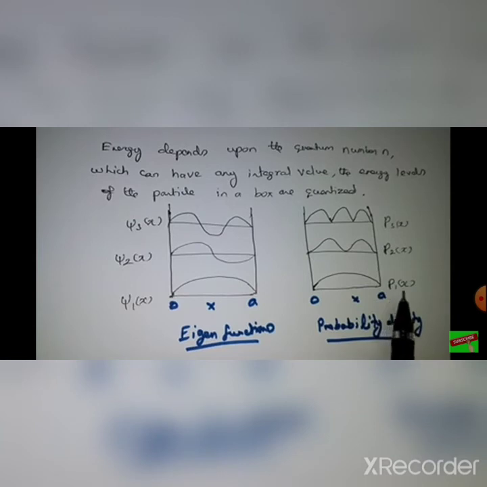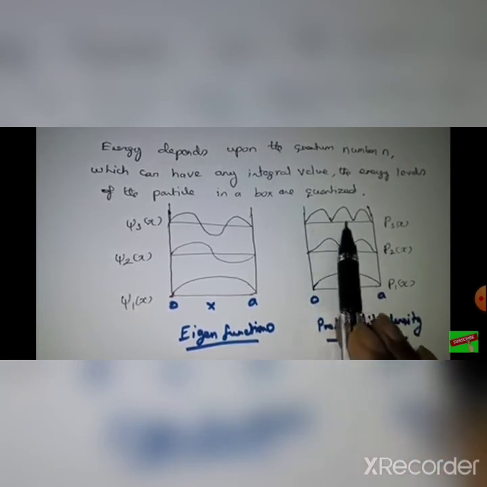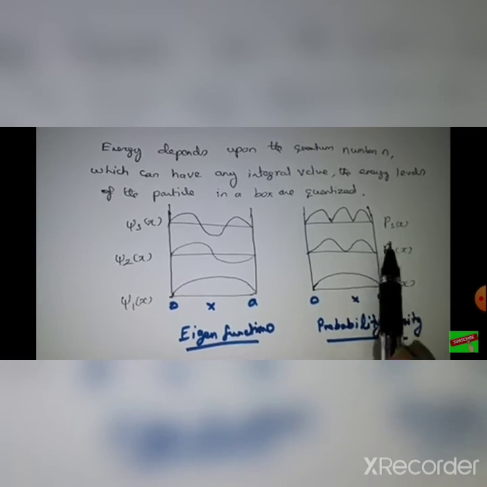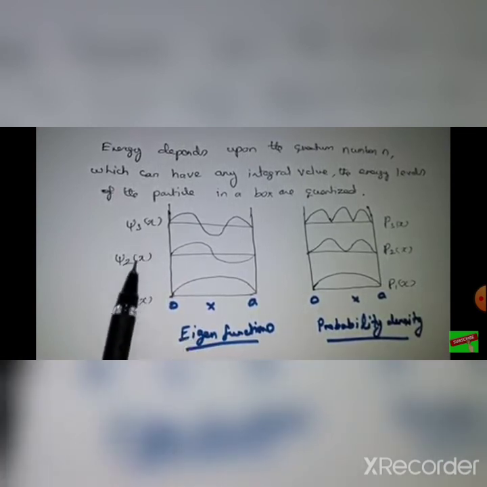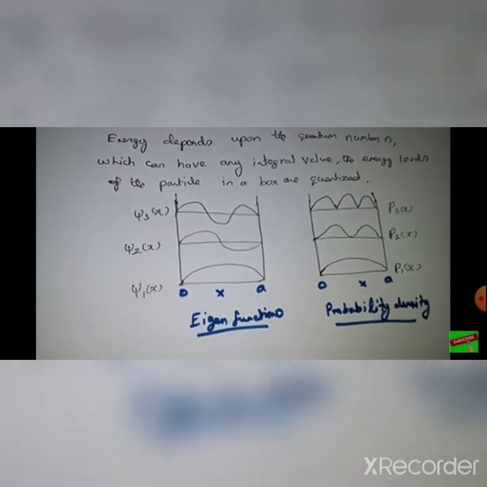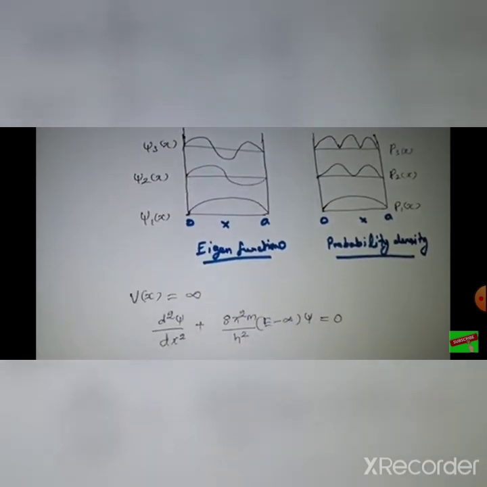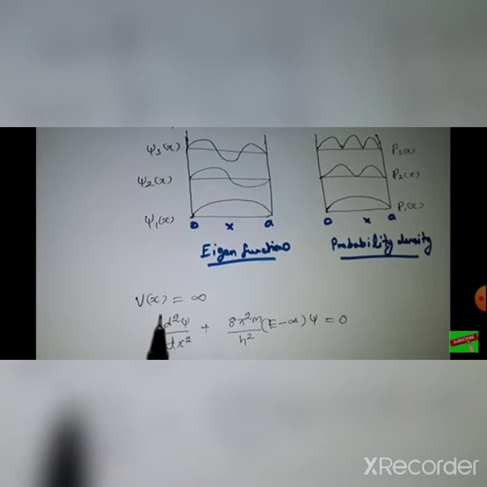If n is equal to 2, psi 2 of x, we get 2 peaks. If n is equal to 3, psi 3 of x, 3 peaks. Similarly for the probability density, the same concept: p1 of x, p2 of x and p3 of x. So this is the correlation between the wave functions and the probability density.